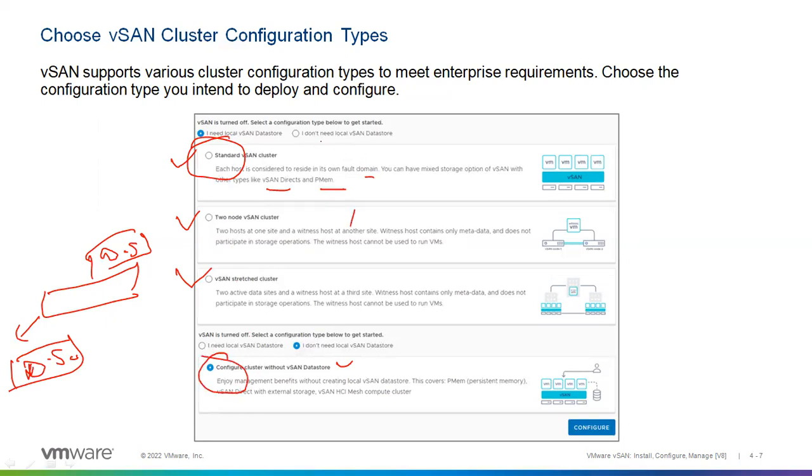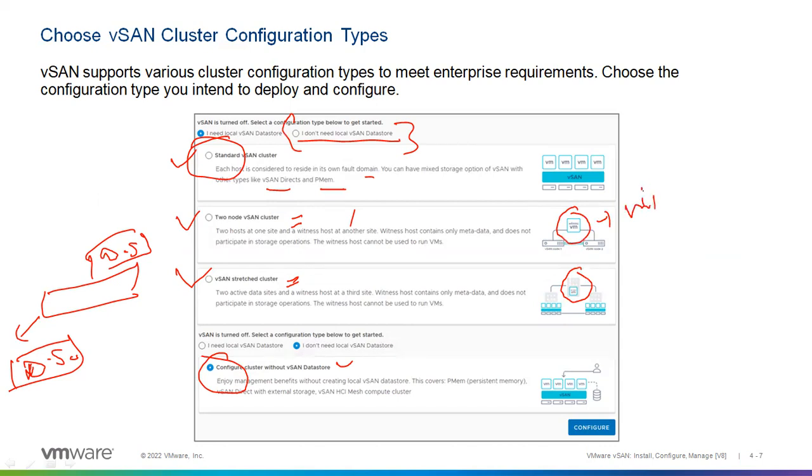Here you see, I don't need a local vSAN datastore. We especially prefer this where we talk about HCI Mesh, where we connect a remote vSAN datastore. When we configure a two node cluster or a stretch cluster, we require a witness site.